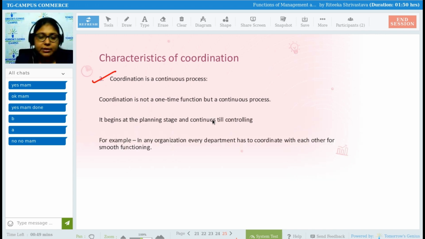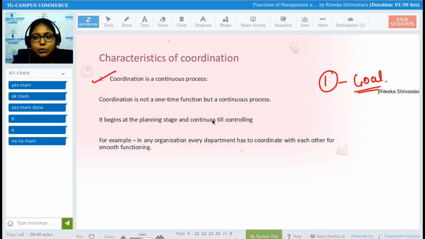Coordination is a continuous process. In every and any organization, coordination remains a continuous process. It is going to remain in the organization for a continuous period, till the time the organization is existing. It will not stop, right? Once the organization achieves a goal, do you feel that was the only goal of the organization?